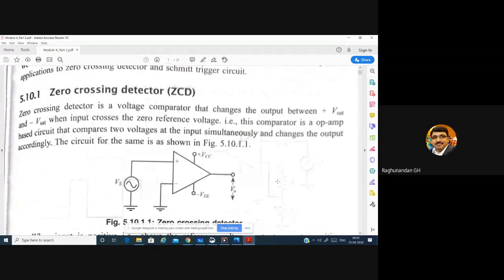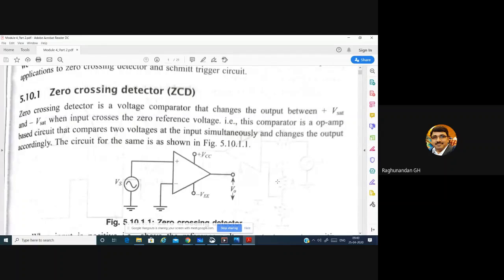That means whenever the output tries to increase beyond VCC or minus VEE, the output remains constant by clipping off the extra voltage. If you have taken plus VCC as 12 volt and minus VCC as minus 12 volt, and your output is trying to swing beyond this, let us assume your positive voltage will go to 13 and negative voltage will go to minus 13.